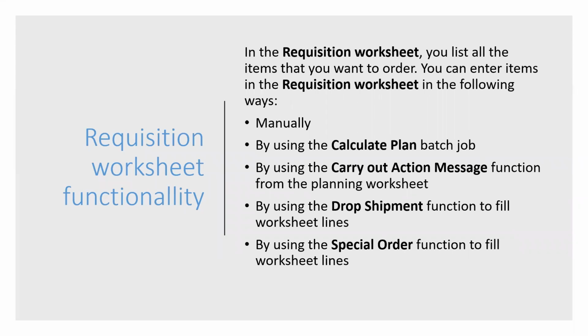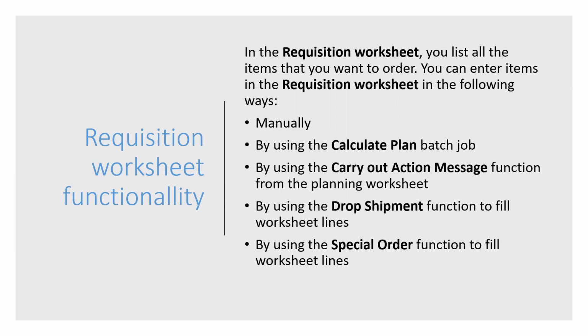Then we have two special functions, but those are just for some specific cases: drop shipment and special order. Drop shipment would be when you are not going to receive in your warehouse or on premises at any of your locations, but directly to your customer, from the vendor to the actual customer, all right?